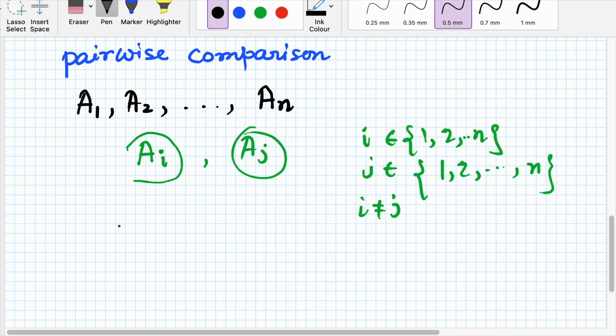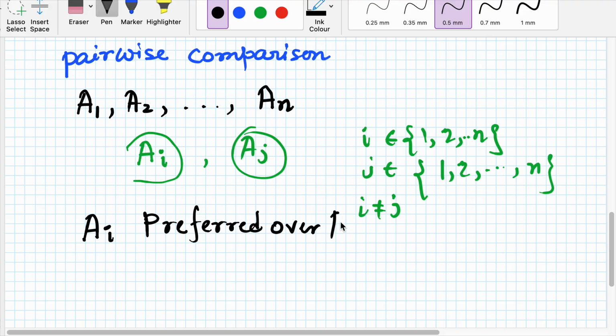So the subject will either prefer or be indifferent. Either ai is preferred over aj, which I will represent in mathematical symbols with this curly greater than symbol, or maybe write it as a greater than symbol.